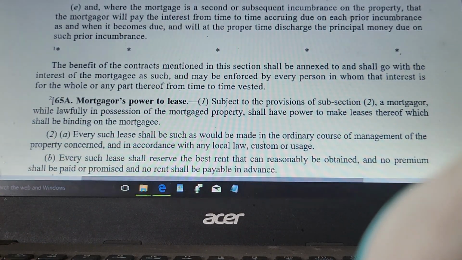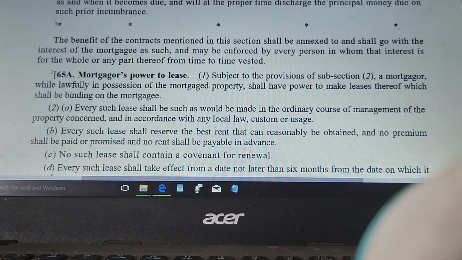The benefit of the contracts mentioned in this section shall be annexed to and shall go with the interest of the mortgagee as such, and may be enforced by every person in whom that interest is for the whole or any part thereof from time to time vested.